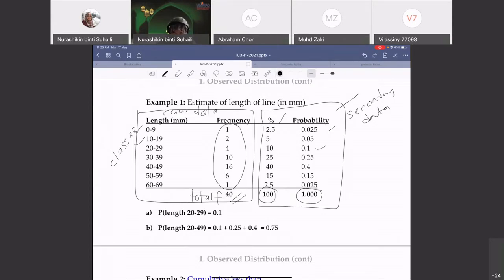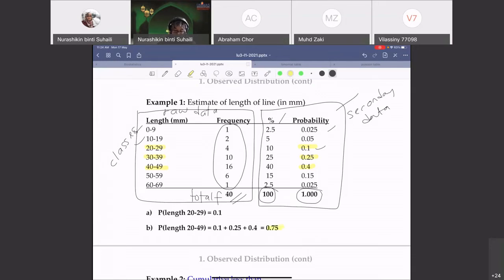But if you want to calculate the probability involving different classes, for example from 20 to 49, it refers to this one, isn't it? So you have to consider all these values and add them up: 0.1 plus 0.25 plus 0.4.